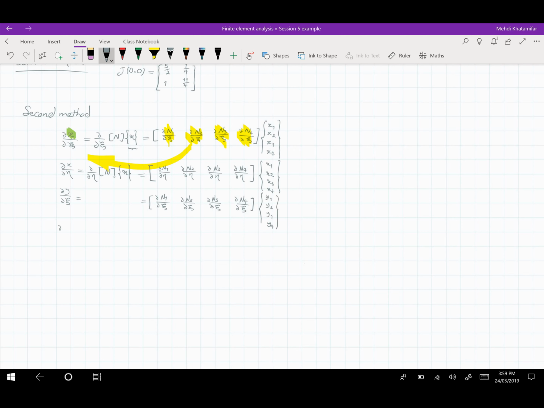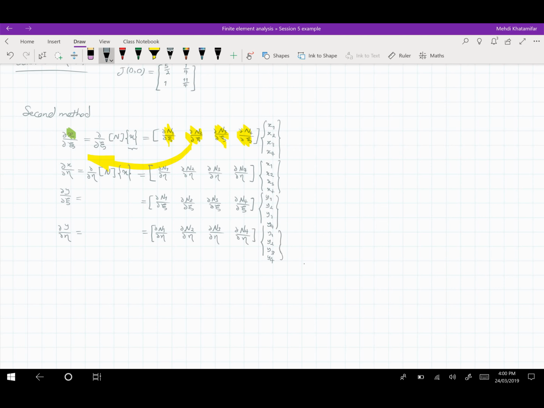And for y, the derivative over eta is going to be the derivative of n1 over eta, n2 over eta, n3 over eta, and n4 over eta, with y1, y2, y3, y4.